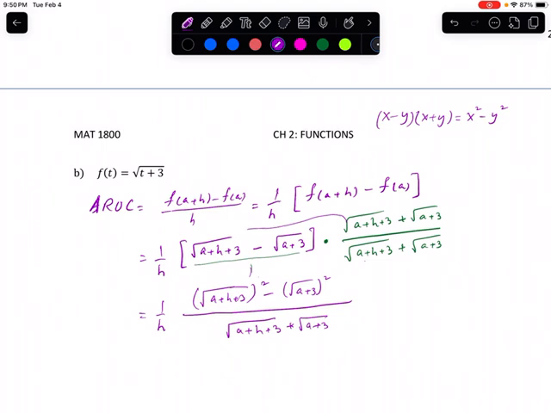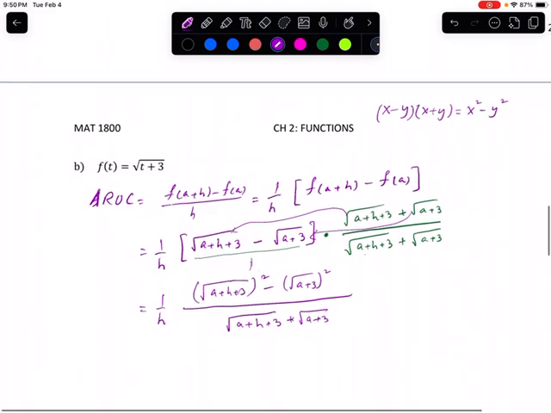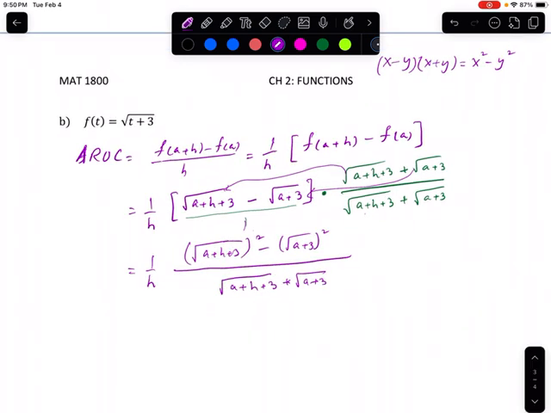This thing gets multiplied by this, and this multiplied by this, and minus. So what happened to the other two terms? You can see that those cancel out. So now the next step is to simplify. From the top we get a plus h plus 3 and then minus a plus 3 from here, but in parentheses the negative sign distributes and we get a minus h, and the denominator here is still the same.